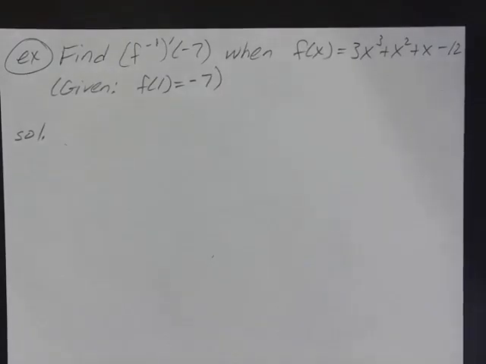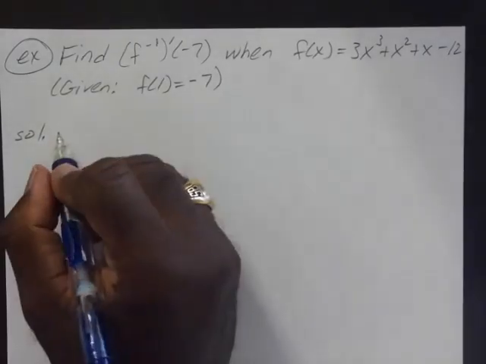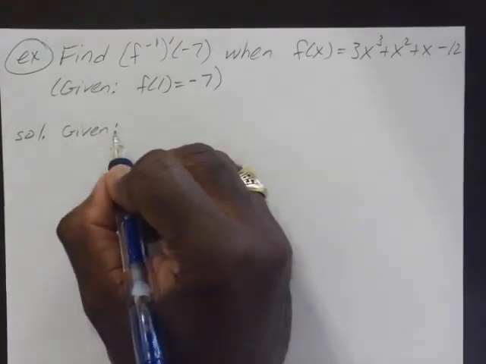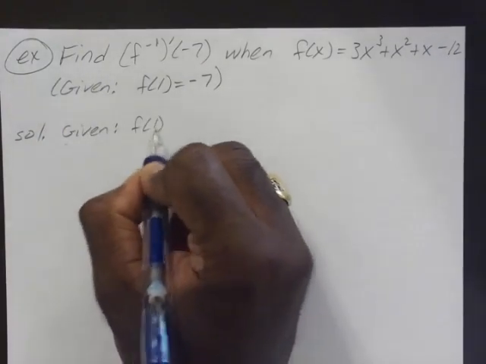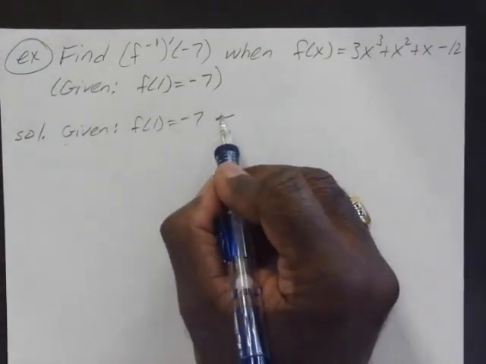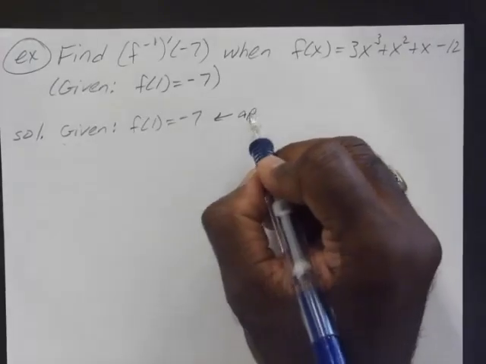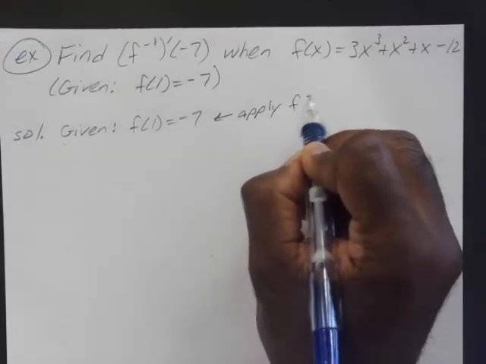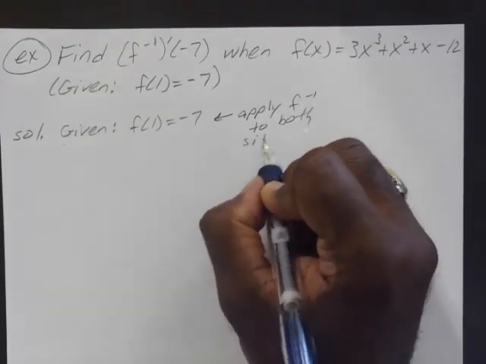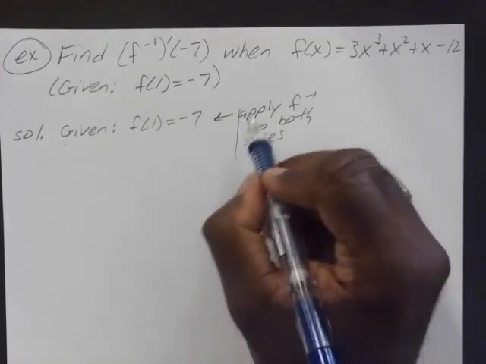Okay, so if it's given that f of 1 is equal to negative 7, now we're just going to apply f inverse to both sides of the equal sign.